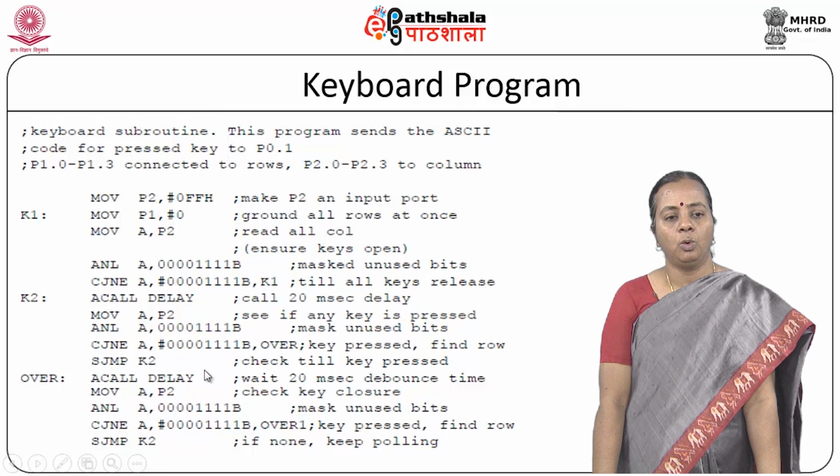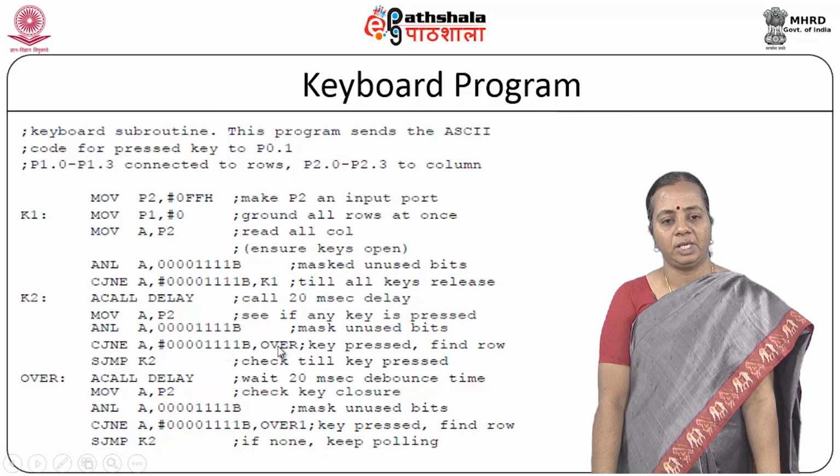So I will come to over. This is nothing but checking whether any key is pressed. If yes, then I come to over. If not, I go again to K2, so that it repeats again and again till a key is pressed.